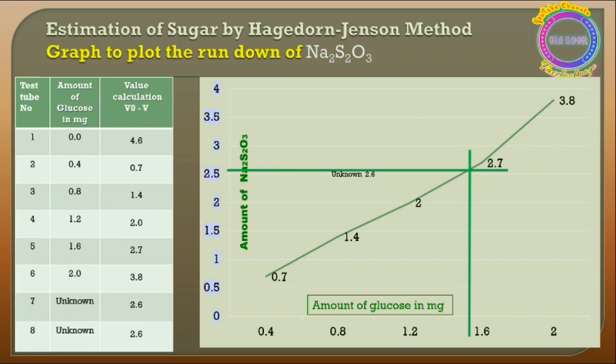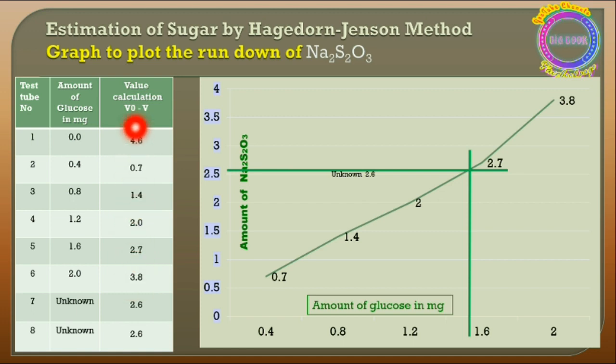Now during plotting of the graph we are going to consider only two columns within the overall protocol. One is the amount of glucose in milligrams, that is the third column we had, and also the last column which we have got.